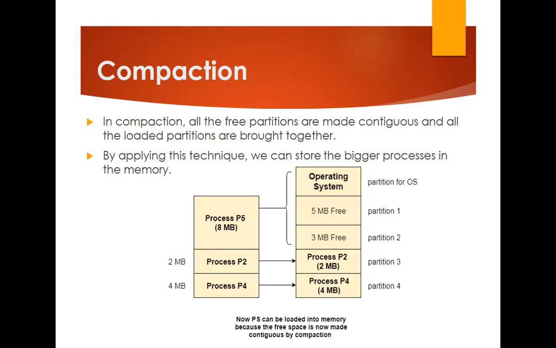Okay, but in compaction, in dynamic partition, what I can do is just separate the empty spaces and full parts. So this is 3 megabytes. Let's say this is process 1, 2, 3, 4.